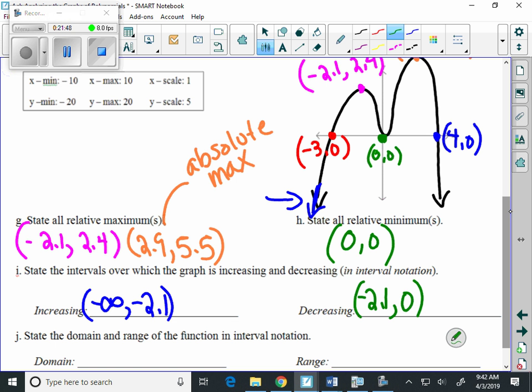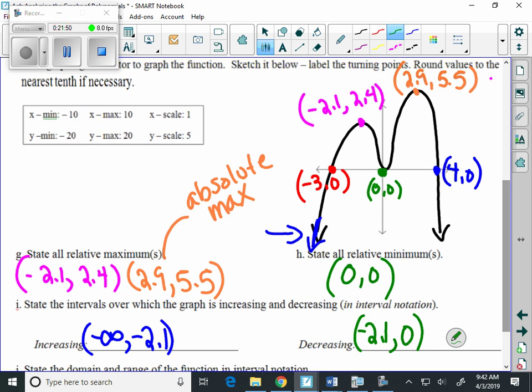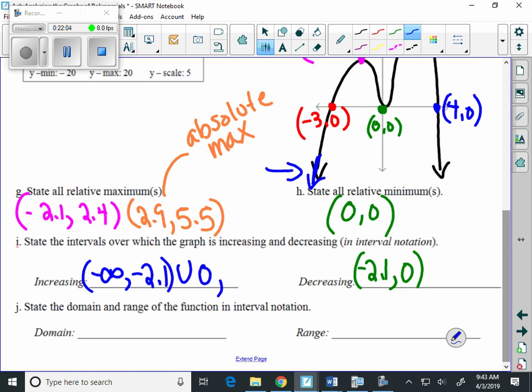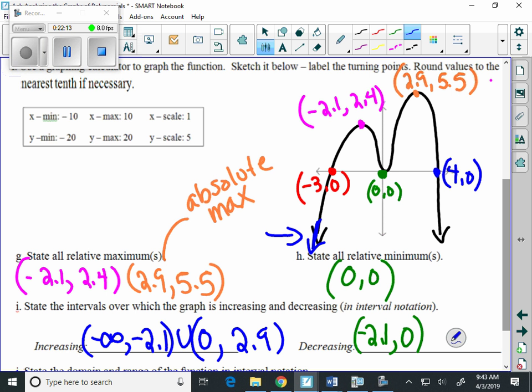But when we get to 0, 0, to keep outlining this graph, we're going to go up, up, up, up, up, up, up. We're going to go from the green point to the orange point. So we're going to join, union. We're going to go from 0 to the x value of the orange point, which is 2.9. Then we have to finish one more time. And at the top of the orange point, we're going to go down and down and down and down.